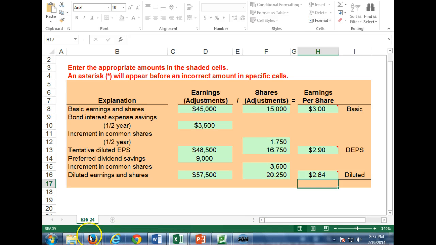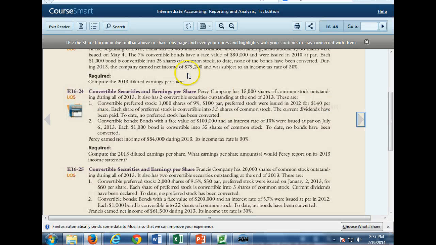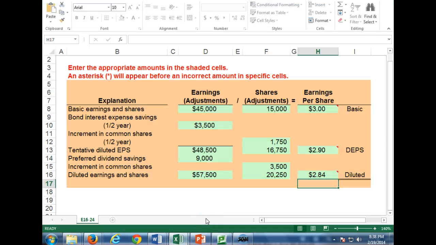Okay, let's go back to the problem. Now it says, compute the 2013 diluted earnings per share. What earnings per share amounts would Percy report on its 2013 income statement? Do you see how it's the diluted, totally diluted earnings per share, 2.84?